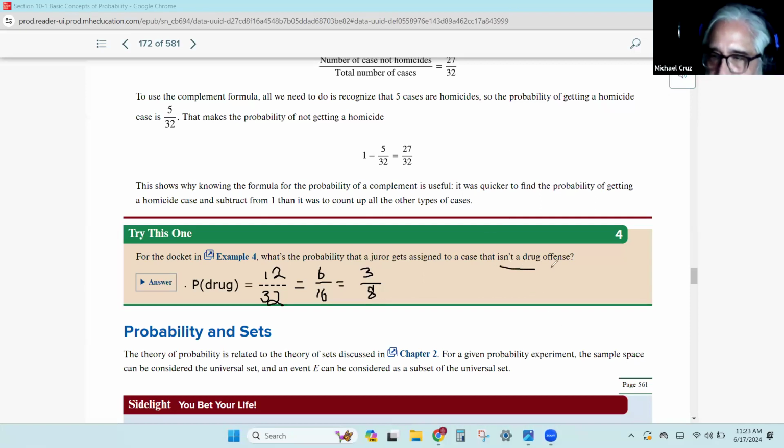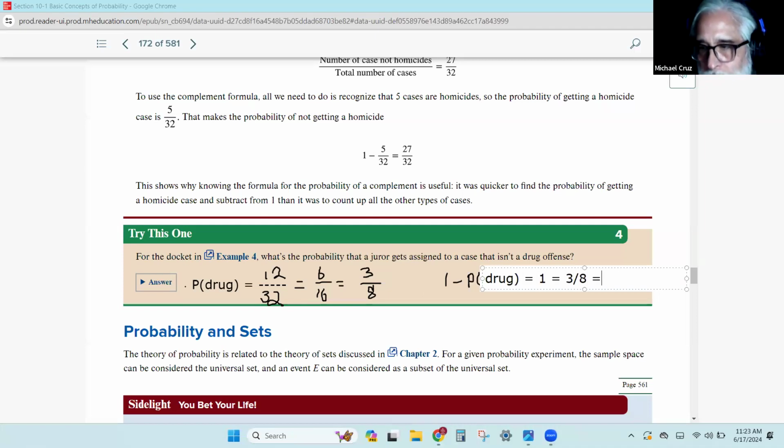But they want to know, isn't a drug offense. So using the complement rule, there's a real easy way to do it without having to go through and convert this.